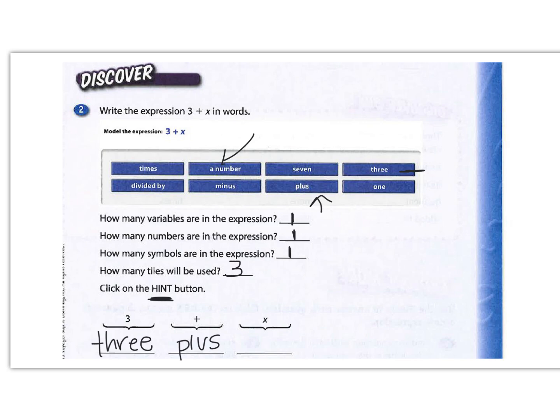We don't know what it is, but it's a number. So that would be the tile that you would use. 3 plus a number. So when you have a variable x, we don't know what that number is, okay? So when you have that you can just say a number. So that's why you would use this tile. 3 plus a number, because none of these other ones make sense.